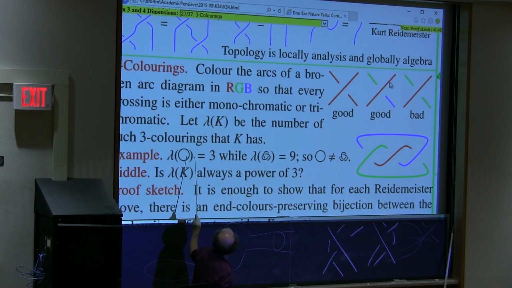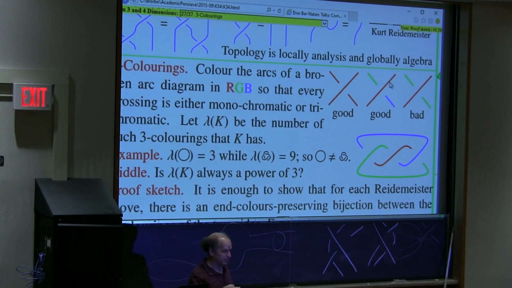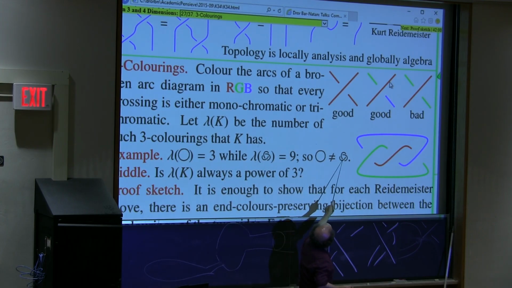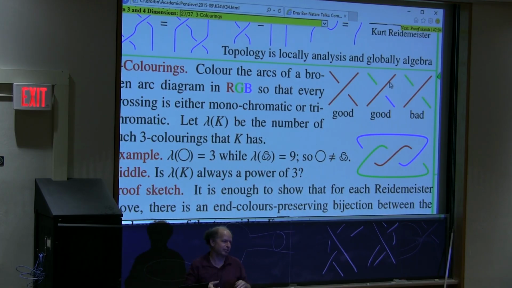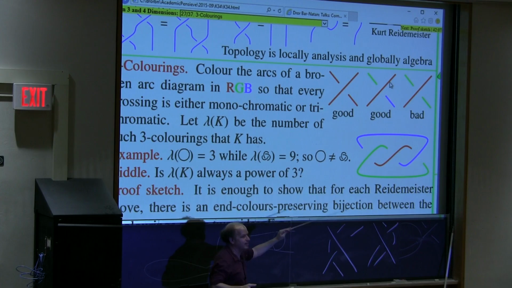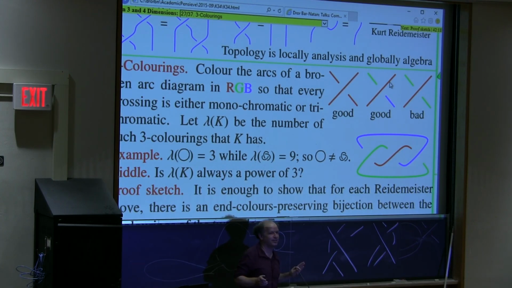9 is not equal to 3, so if I show that the number of 3 colorings does not change under Reidemeister moves, I will know definitely that the unknot is not a trefoil, and therefore you cannot twist it on one side and then untwist it on the other side and get from one to the other.